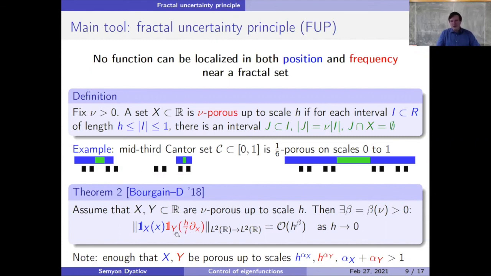If volume of X and volume of Y is much less than h to the 1/2, then the statement is trivial. You just start with L2, then it's an L1, L infinity type bound for the Fourier transform. And so this volume bound is in some sense what is used in those entropy arguments.